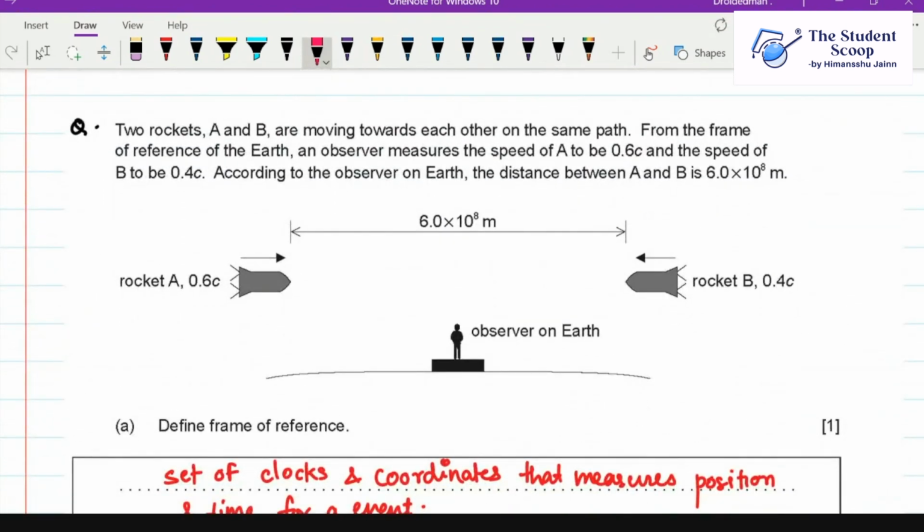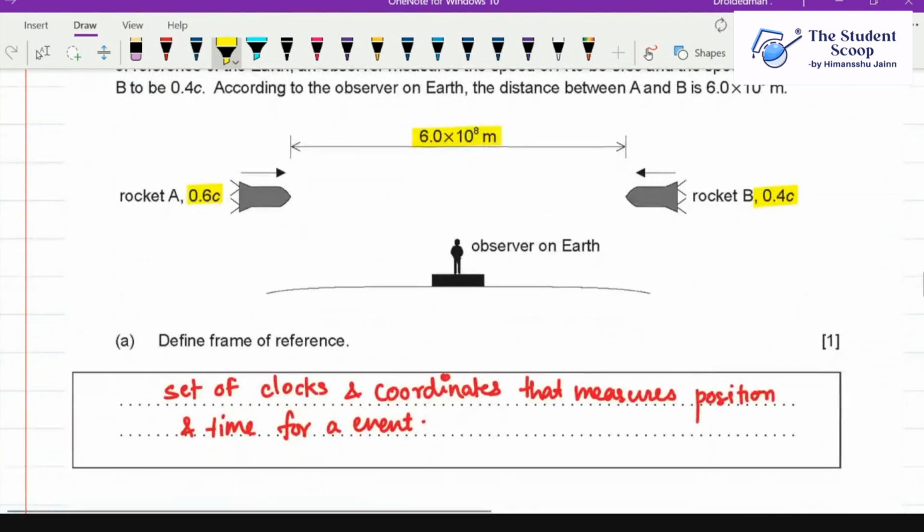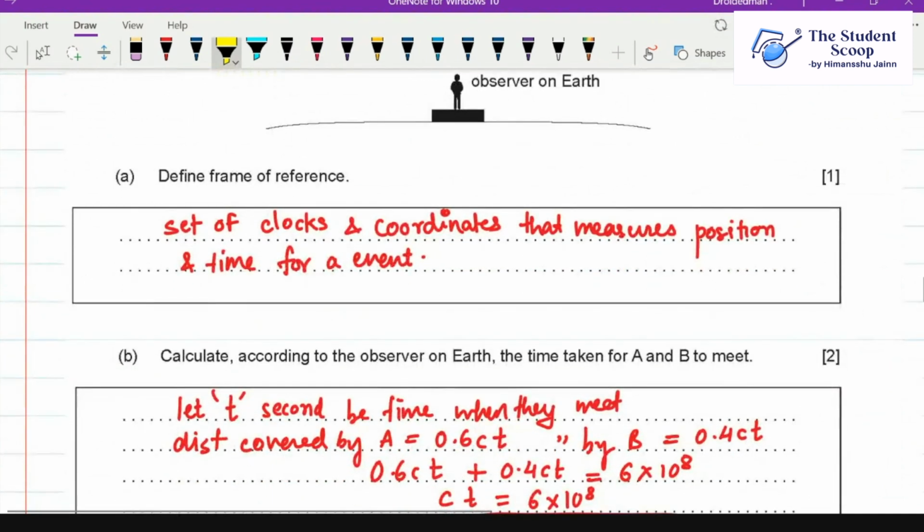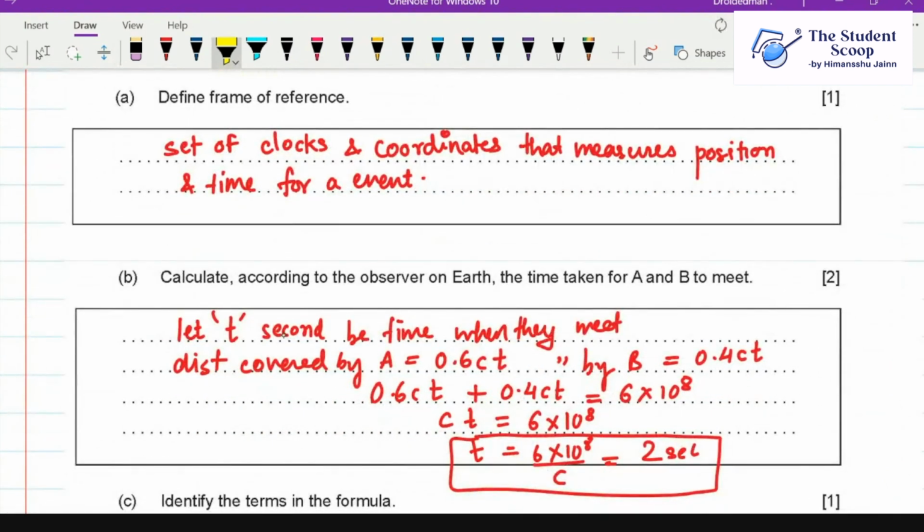Two rockets A and B are moving towards each other. The velocity of A is 0.6 c, the velocity of B is 0.4 c. The Earth observer measures those speeds, and the distance between them is 6 into 10 raised to 8. What is the time taken for A and B to meet according to the Earth observer? Let t be the time for both of them to meet.